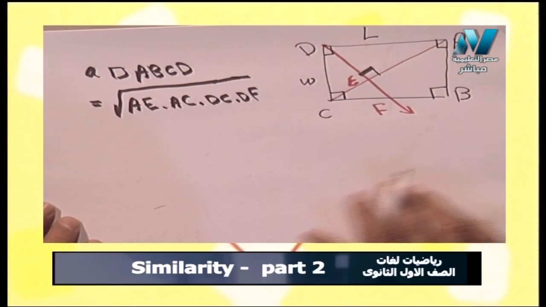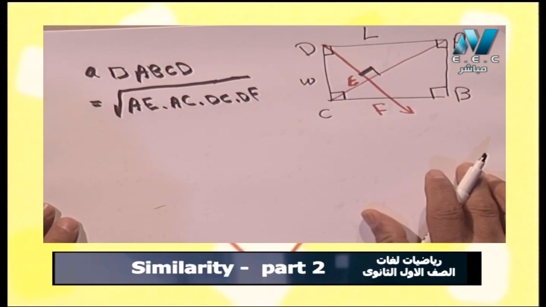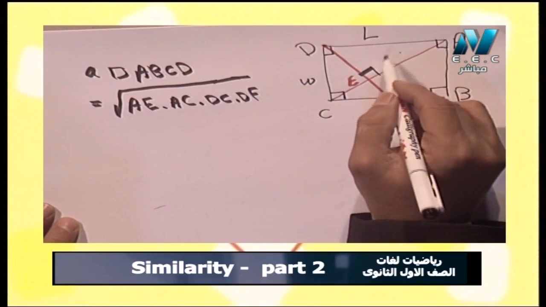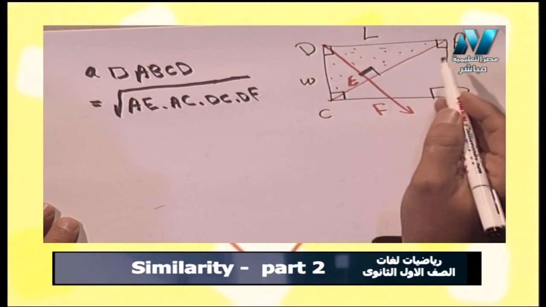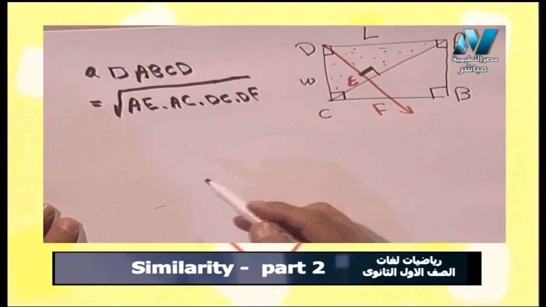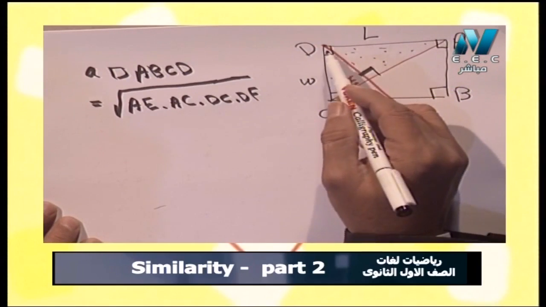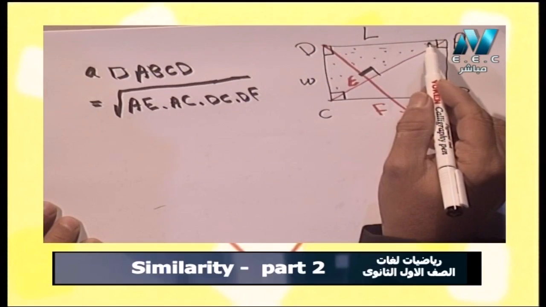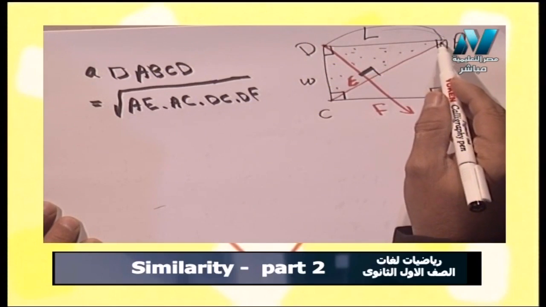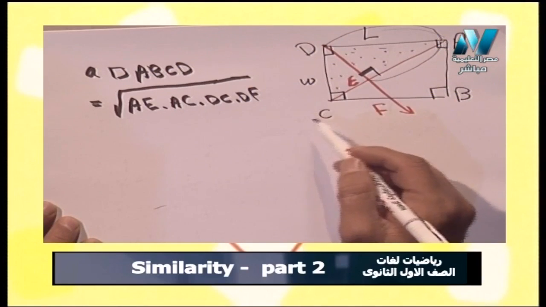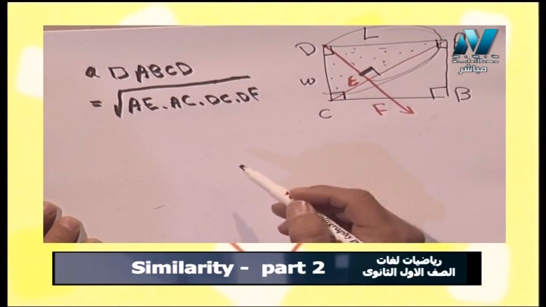Okay, to prove this question, look carefully at this triangle here. We have triangle ADC, and we have L, which is DA. DA^2 here equals AE multiplied by AC.